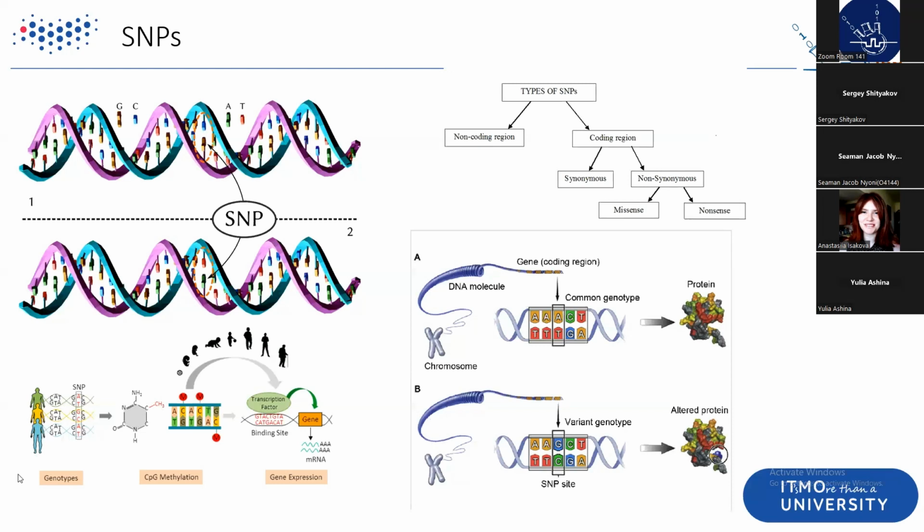And the typical genome differs from the reference human genome at 4 to 5 million sites, most of which consist of different SNPs.